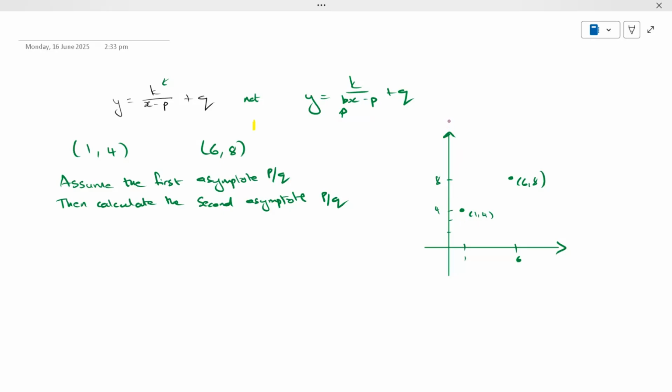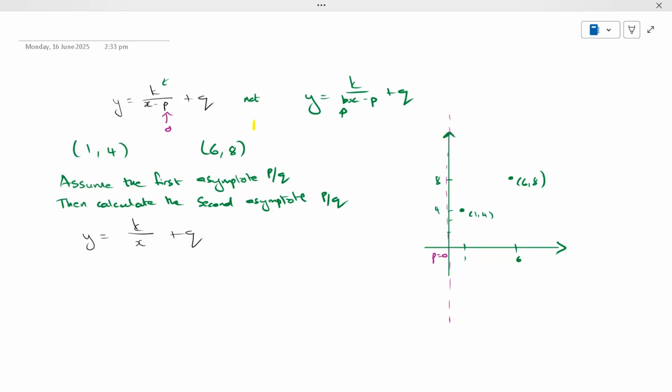Now this hyperbola, what I want to do is choose one of the points to be my asymptote. If I assume that this asymptote is 0, remember this is my p-value, so p equals 0, then in my equation I change p into 0, and then find q and k. So I develop an equation with 0 as p: y equals k over x minus 0, which is x, plus q.